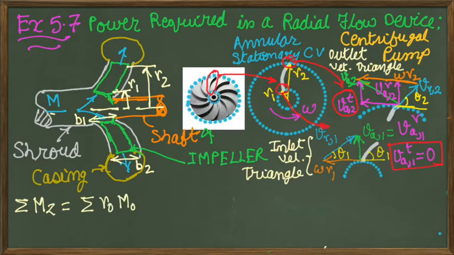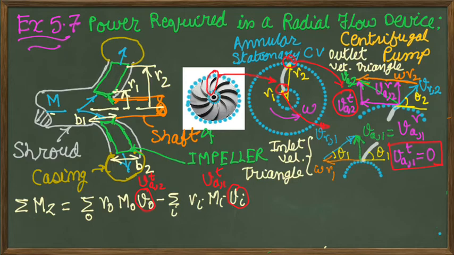So when we apply the angular momentum equation, we are considering the xy axis, and we are considering the moment about the z axis. The sum of the external moments, sigma Mz, is equal to the moment of tangential momentum flow rate.